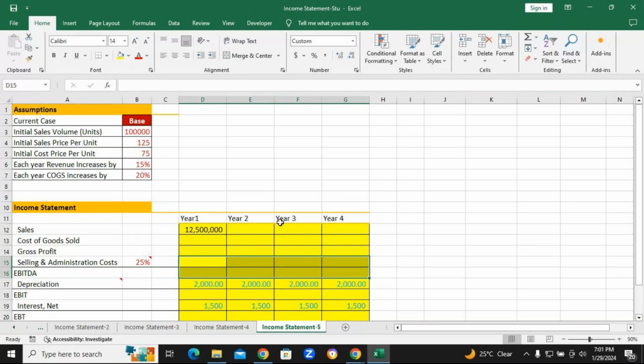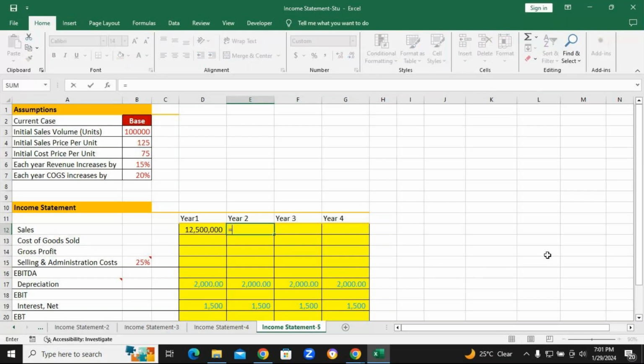Then they are telling that there is an increase of sales by 15% every year. So I'll write equals the previous year sale into 15% plus the previous year sale. Enter, and I'm going to drag it towards my right.